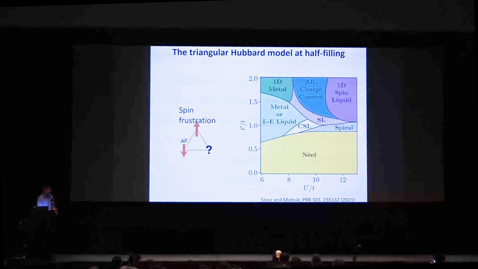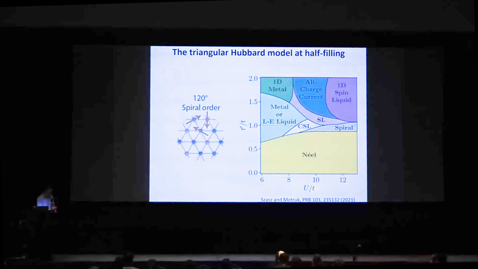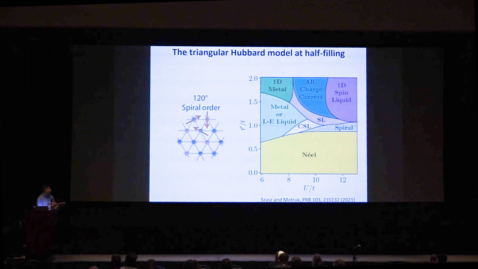And there, as you increase the interaction strength, there is a transition between some sort of metallic phase at weak interactions. At very strong interactions, you get a Mott insulator, which is now again described by a Heisenberg model. And then it turns out from the triangular lattice model, it is known that the Heisenberg model has a way of resolving this frustration by ordering the spins in the plane of the lattice in a so-called 120-degree spiral order.